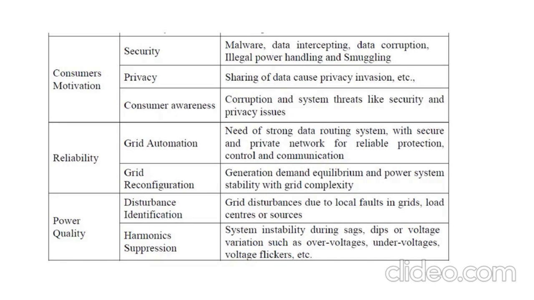Issues include data anticipation, data corruption, and sharing of data. Consumer awareness must be created. Coming to reliability, grid automation will improve reliability, but it is a key challenge for smart grid and grid reconfiguration. To improve power quality, we need to identify the disturbance occurrence and maintain self-healing. So, thank you.